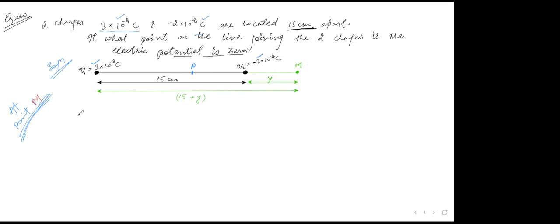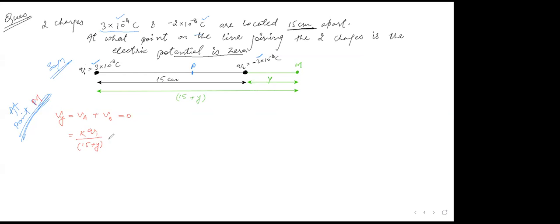Potential at Y is equal to VA plus VB, which is equal to 0. What is your VA? Again, we can take K Q1 over 15 plus Y. I am taking it directly. Are you clear? Yes, sir, clear.